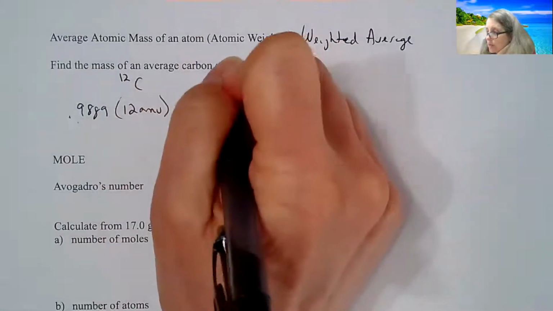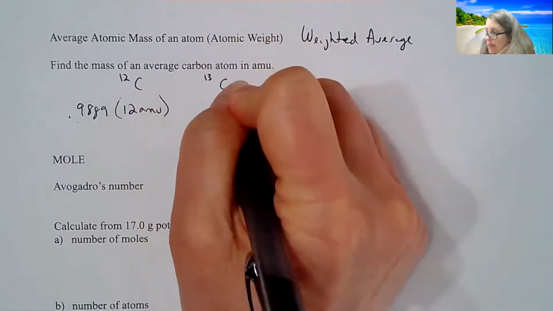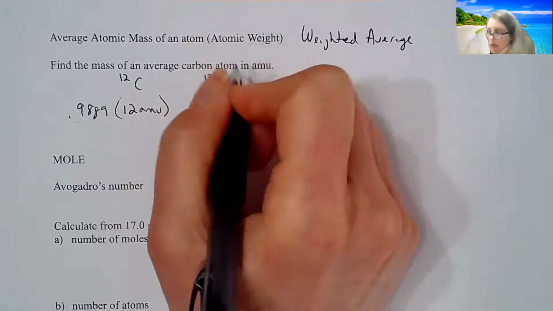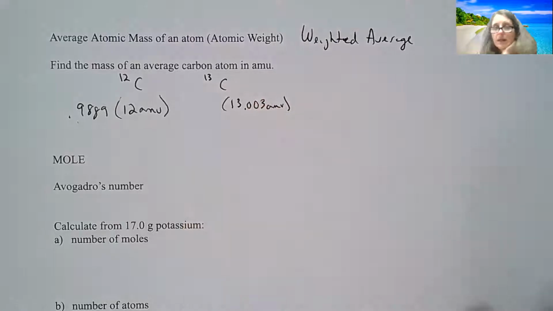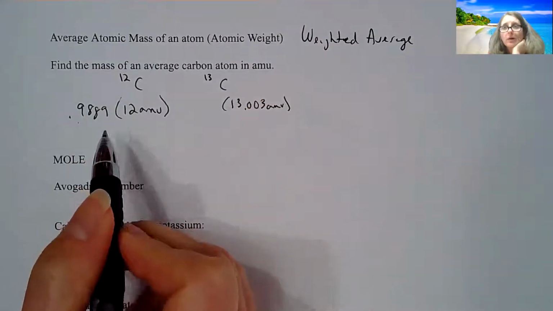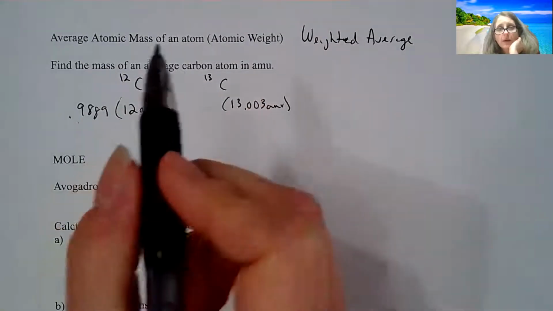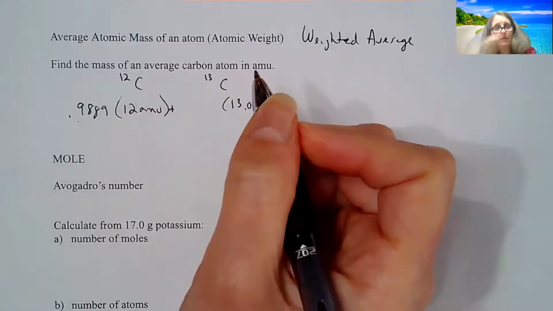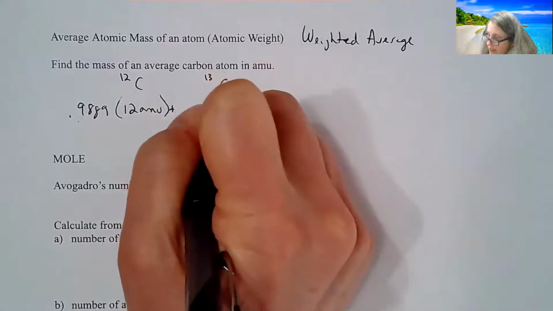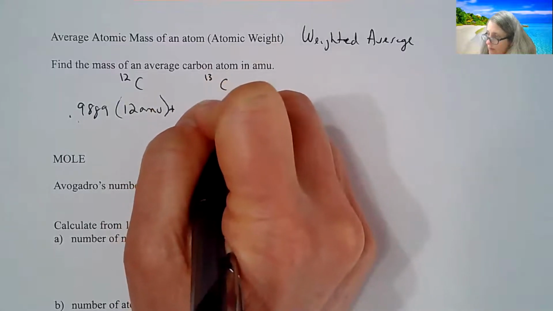of the carbon 12. While carbon 13's mass happens to be 13.003 AMUs, and that is because it is comparing itself to carbon-12. So carbon-12 is the standard, so that's why it has a whole number relationship here. And I'm going to multiply the carbon-13 by its percentage in decimals, so it's 0.0111.